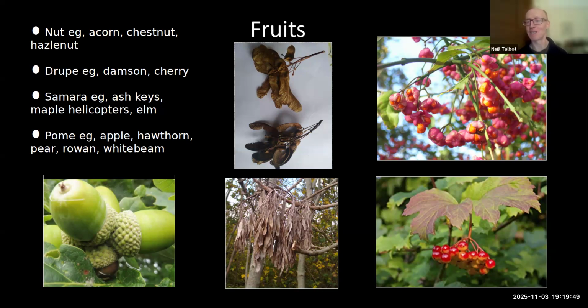And the one below it is guelder rose, another native tree, and the berries look very inviting, but again, they're poisonous, so these aren't ones to be eaten. So that's just an outline of some of the fruits you can see, but I will talk about those for specific species later.